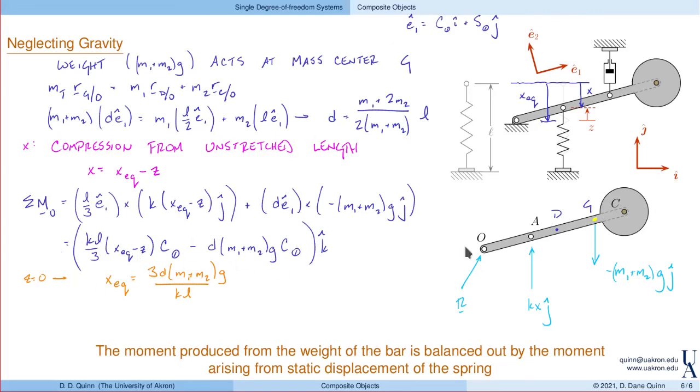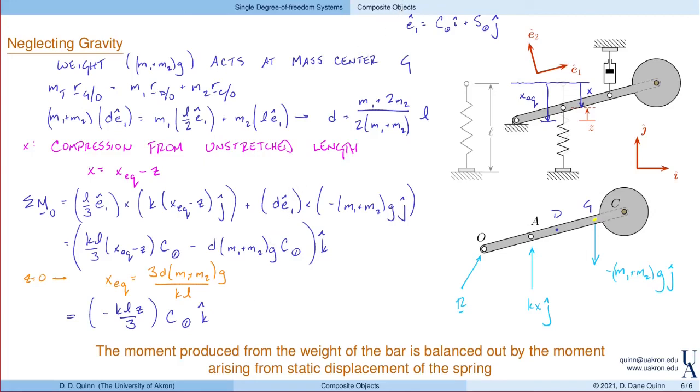Well, going back to what would happen in the dynamic case with z non-zero, if I assume that this is the static equilibrium position, or if I solve for this in particular, then the moments produced here become minus k L z divided by 3. And notice that this term and this term have been chosen so that they cancel each other out. So I just get minus kL times z over 3 times cosine of theta in the k direction.